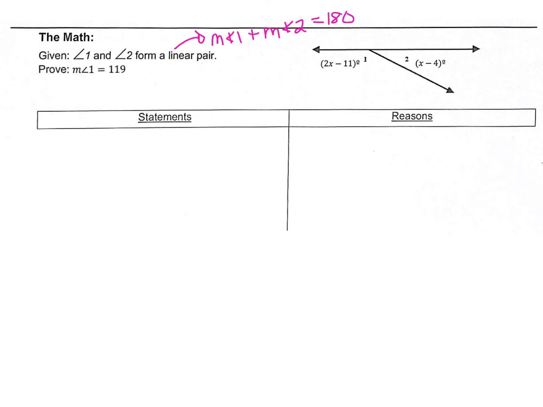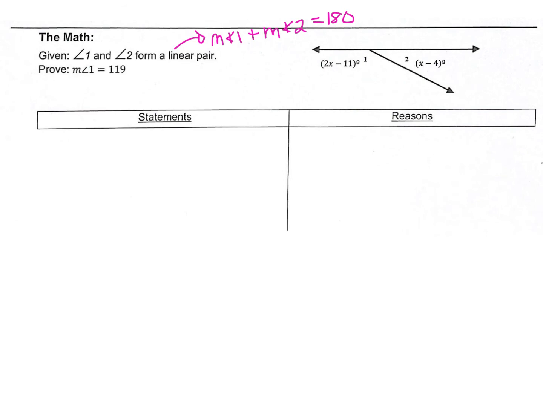And then please note that in your picture, we know that the measure of angle 1 is this and the measure of angle 2 is that. So you have to get these values for each of those angles into the statement column as well. Since it's part of the given, we are going to attach it to this given statement. You cannot use these if they're not in your statements down here.